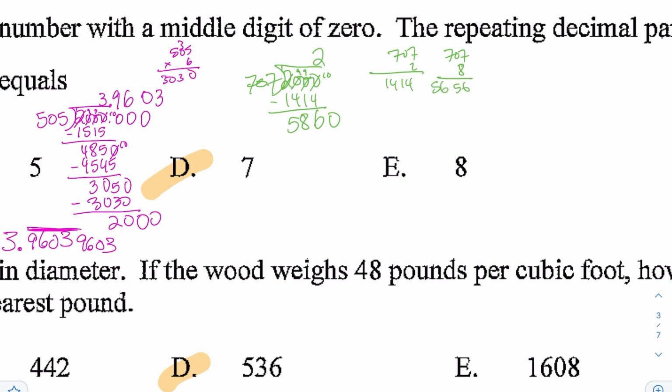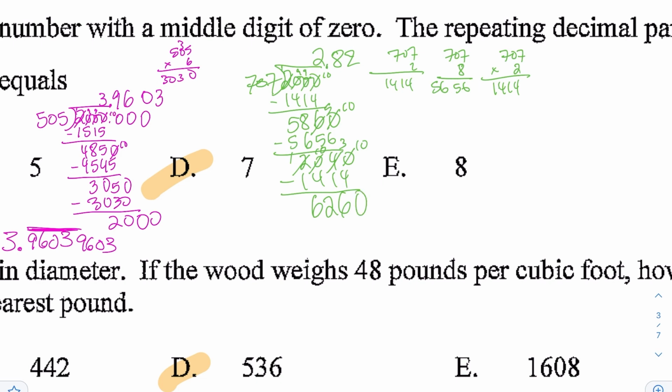It would be 5656. And try 2040. This would be a 2. And then when you have 6260, that would be 707 times, we can try 9, but actually 9's not going to work because it'll be 6300, so this will be another 8.